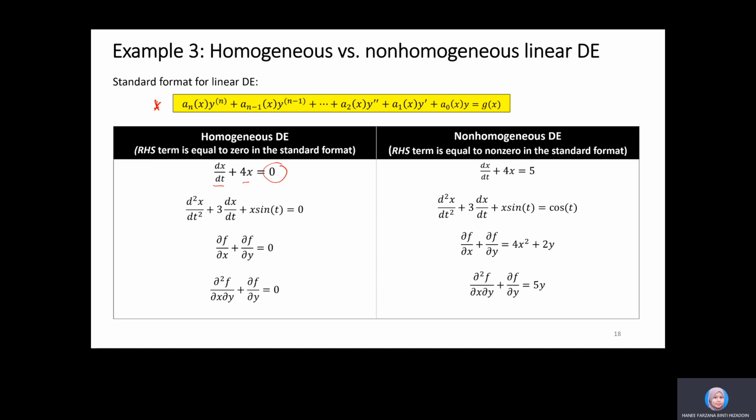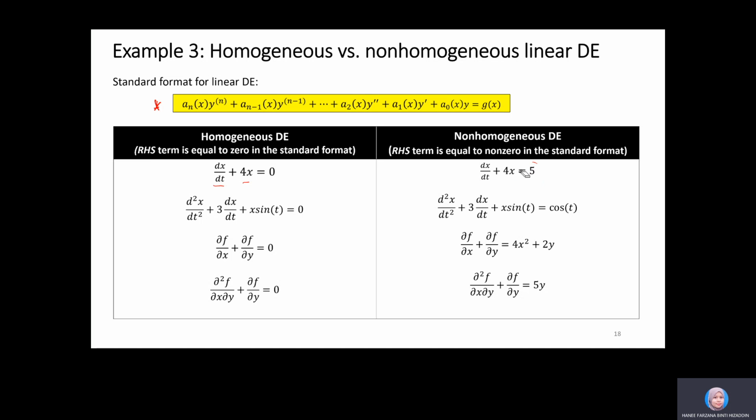Here x is the dependent variable and t is the independent variable. At the right-hand side, there's nothing about the independent variable and no constant, so it's 0. But if you have dx dt plus 4x equals 5, then because of this 5 on the right-hand side, it becomes non-homogeneous.